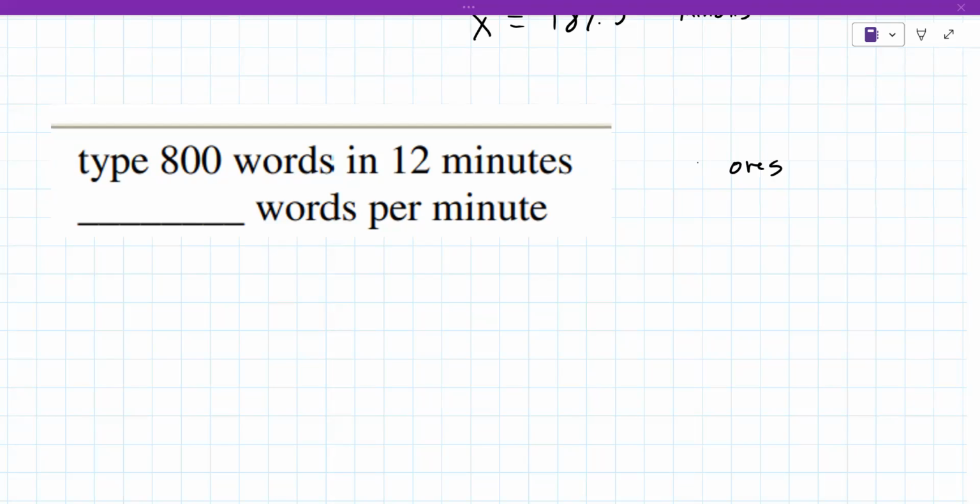Would the answer be 66.6, and I mean, infinite? It actually goes on forever, but what are the units? That's probably more important. It would be 66 words per minute.